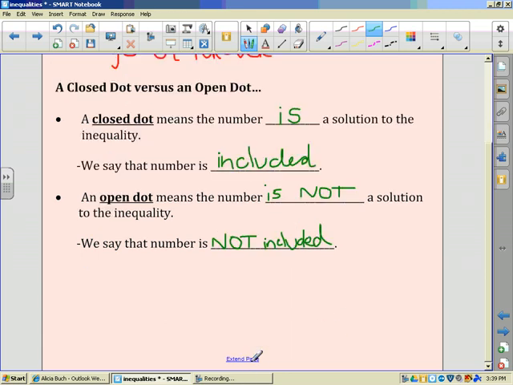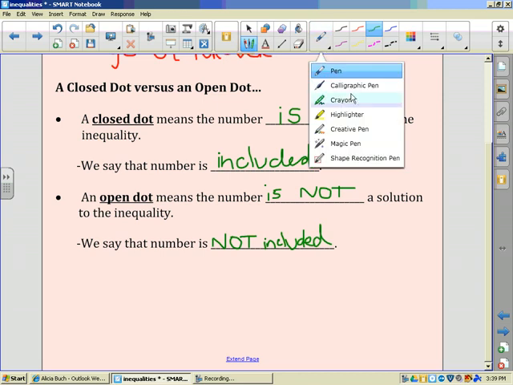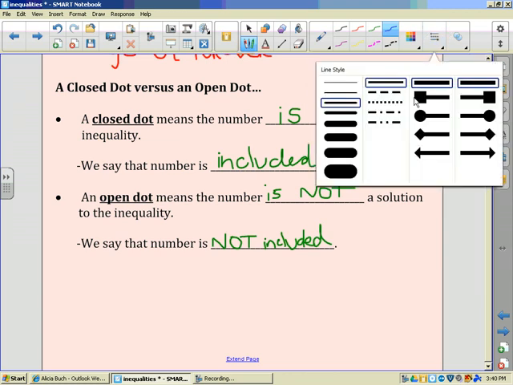Now there's a really clear-cut rule for knowing when to use these things. Closed dots will only be used when we have the equal to symbol with our inequality. Okay, so that's going to be these circumstances. And I want you to write these down. There's not exactly a spot for them, but I want you to write them down under here as I do.